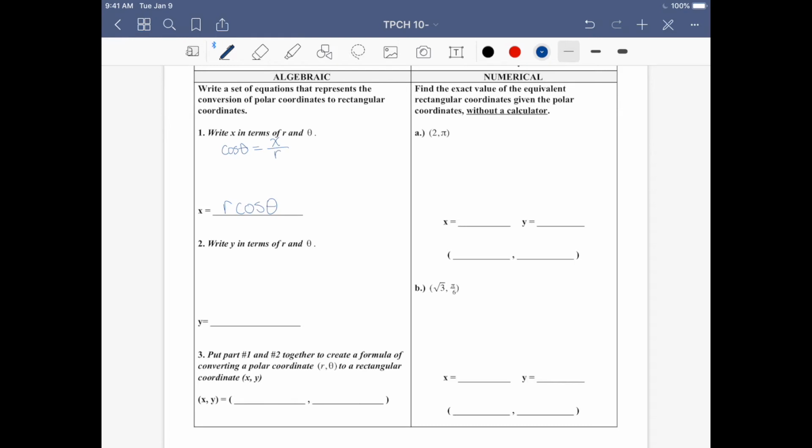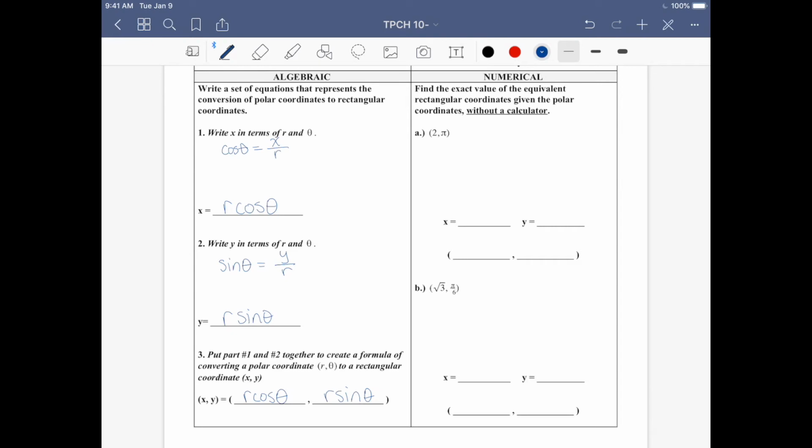Number 2 says write y in terms of r and theta. So sine of theta equals y over r. So if I solve for y, I get r sine theta. So putting this together, polar coordinates convert to x comma y by me doing r cosine theta, r sine theta.